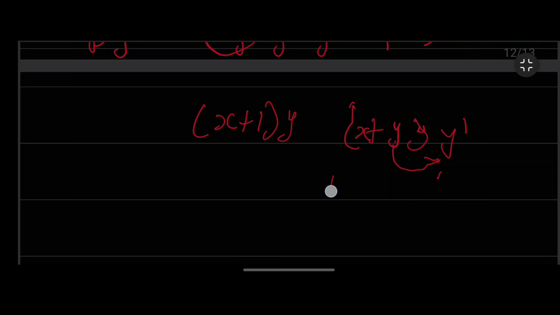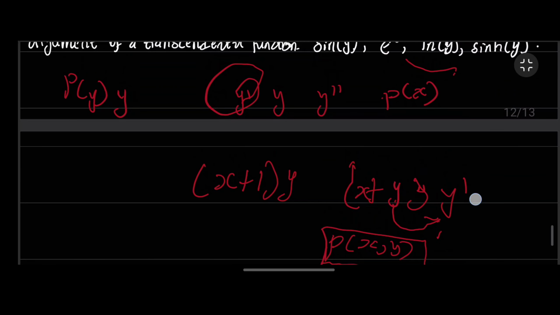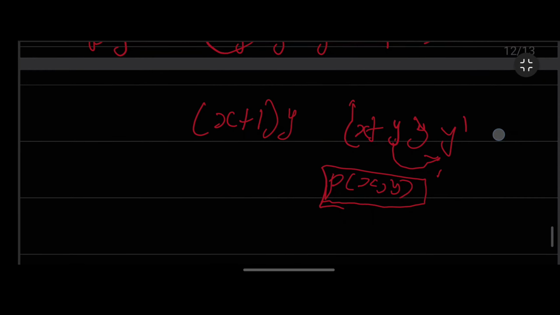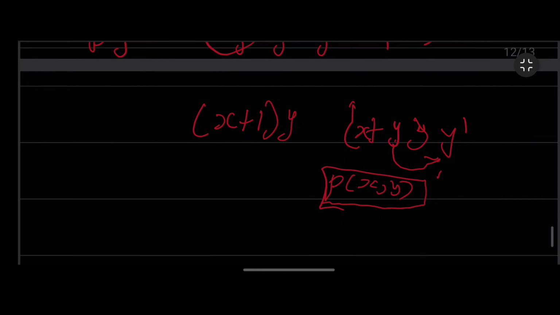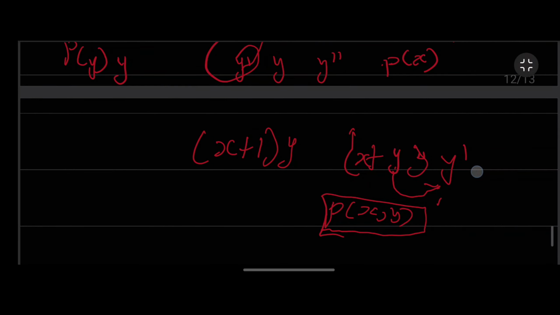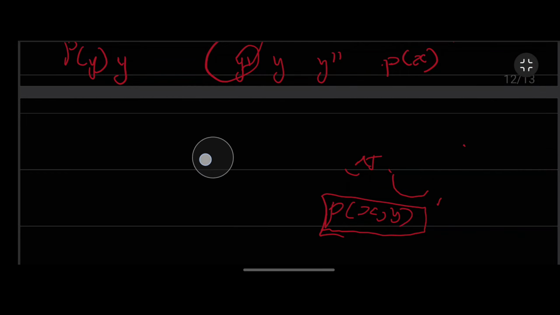So if you take this as p of x comma y, it violates the rule. Like, it's multiplying one of the dependent variables or its derivative by a function of y, a function that involves y, which is a violation. So those are the two side implications of the second condition.